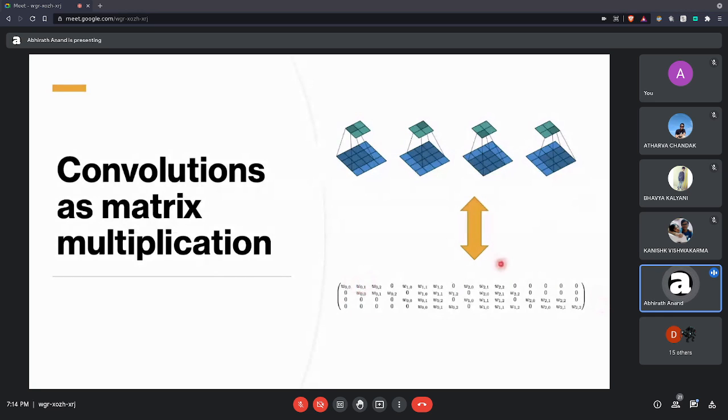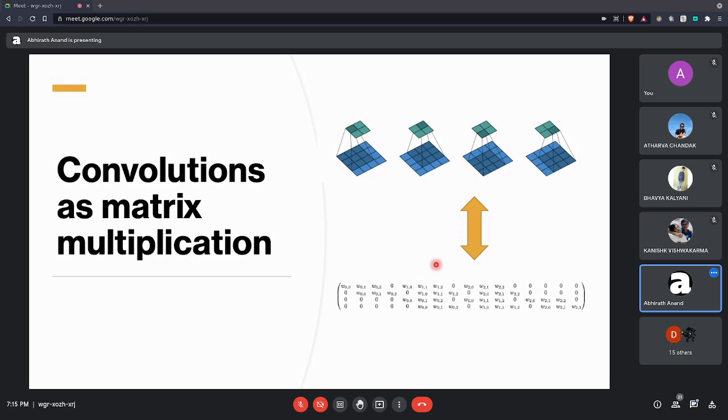If you write this as a sparse matrix, it is sparse because there are a lot of zeros in it. Now imagine that you completely unroll the input and output vector. The input is a 4x4, this light blue. You completely flatten it out into a 16-element vector, then multiply it by this sparse matrix, and you get a 4-element flat vector. Then you reshape it back to a 2x2. That 2x2 will be this output matrix.